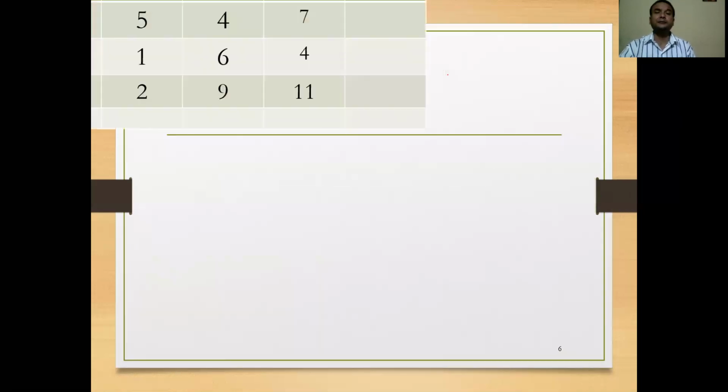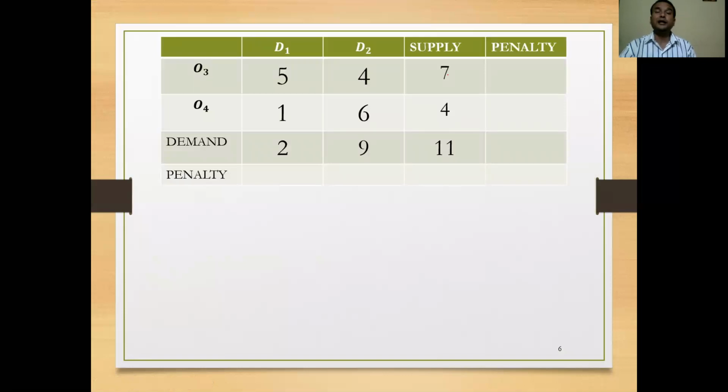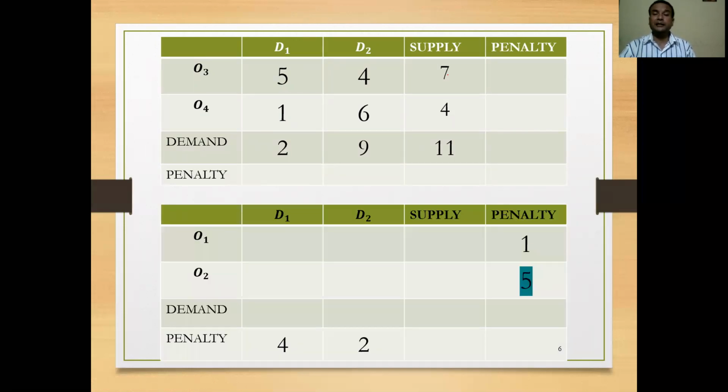In this slide again, we ignore D3 now, and we take D1, D2 and O3, O4. Hope you understood why we ignore D3. That's why I did not explain it again. So applying the same procedure, we find the penalties. Penalties you understood: the differences between the two minimum values.